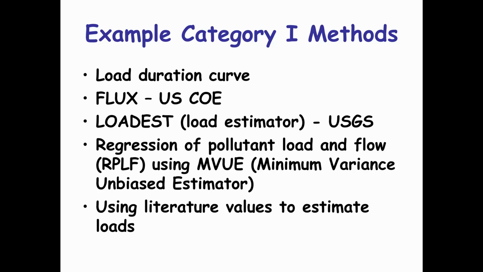An example of that would be just saying, okay, for a given agricultural operation, continuous corn operation, one can estimate what the load of phosphorus would be coming from a particular agricultural production area based on values that you can pull out of the literature.